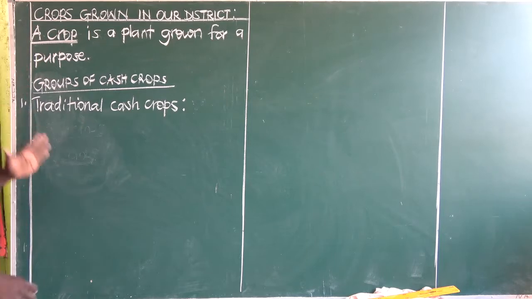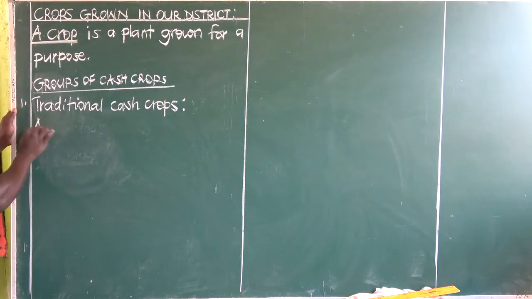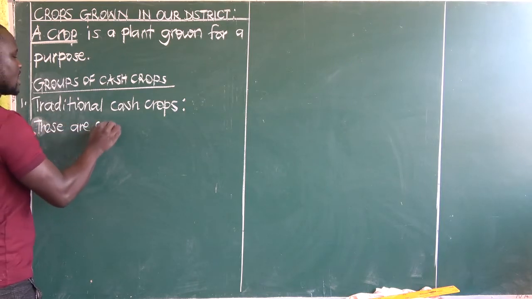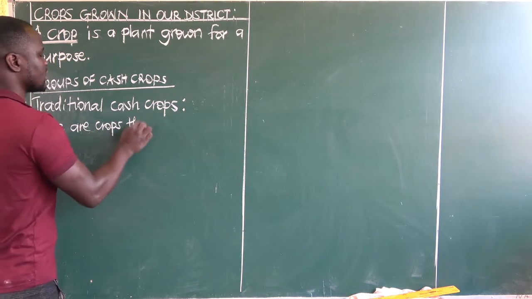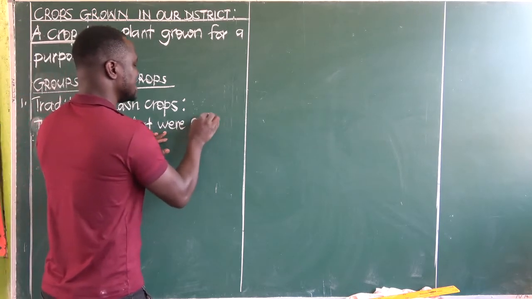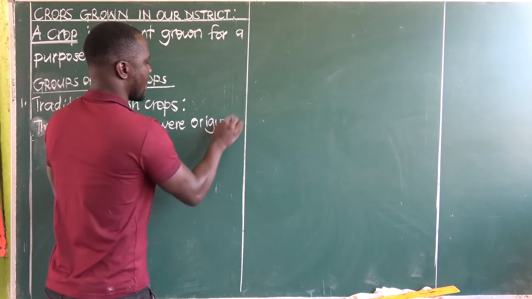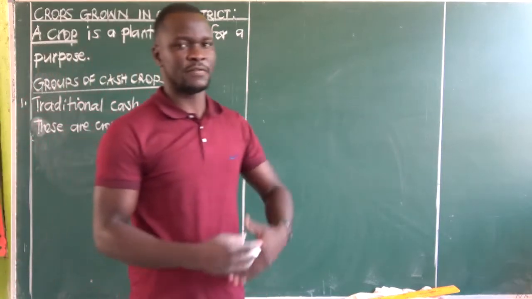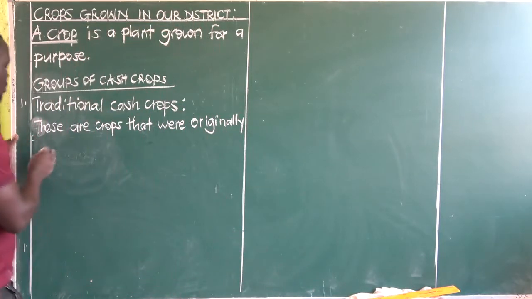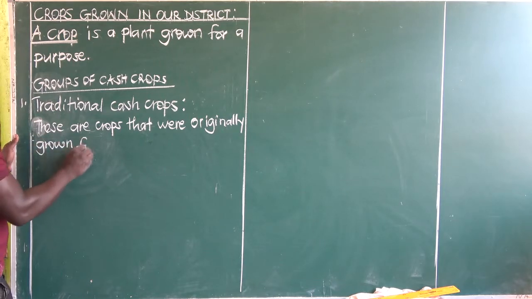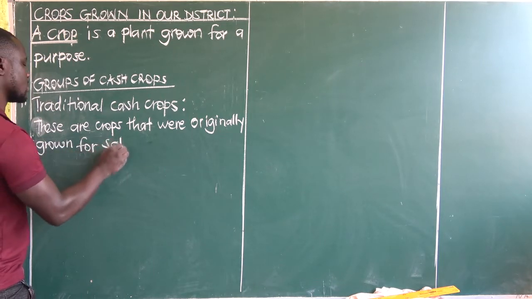Now, what are traditional cash crops? We shall say these are crops that were originally, meaning at first or formerly, grown for sale.